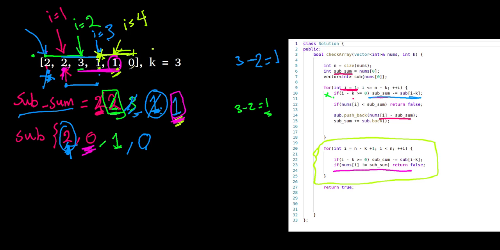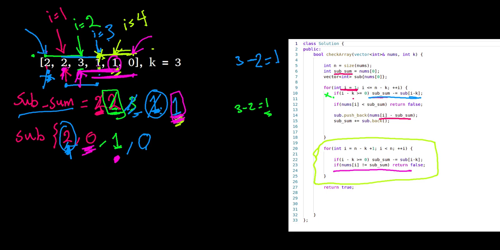Now we check if this one equals 1. It's true. Then go and fix for this element, and for this element we have this window. These are the elements affected by this index. What was the value subtracted at this index? It's 1.